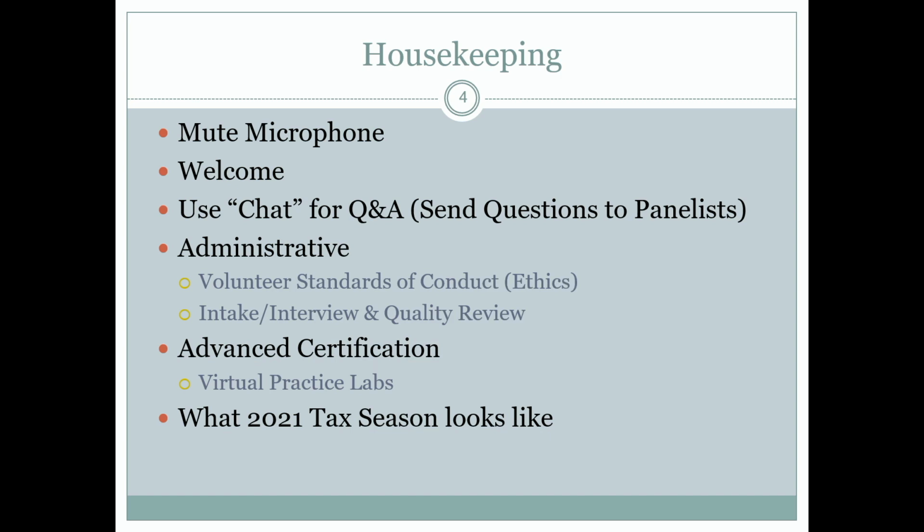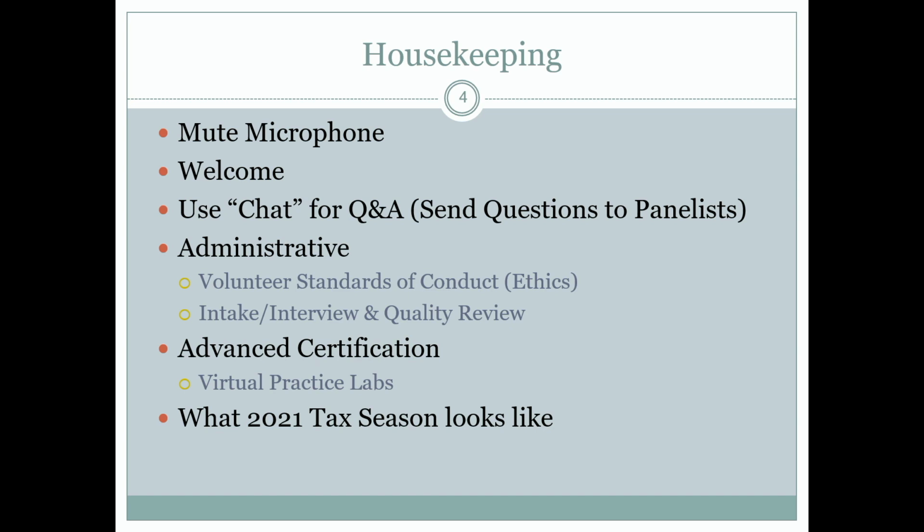Also, for taking this training session, I hope that you all have already taken your Volunteer Standards of Conduct exam, that ethics exam. That was the first exam certification that you needed to take, and pass with 80% or higher. It was only 10 questions. In addition, we also had our intake and interview quality review test that we ask that you take before you participate in this advanced training.